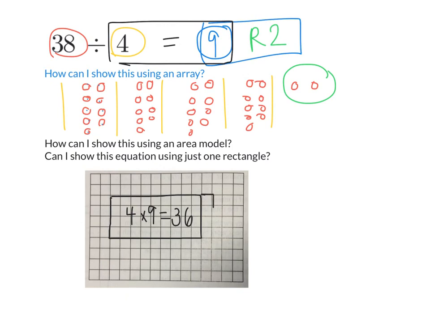So we have to add 2 extra on the side, plus 2. And we write that using remainder 2. Okay, so you can see all together there's 38. Could I make one rectangle that has only 38 squares, but also has 4 as one of its measurements? No, the answer is no, and that's why we have a remainder.